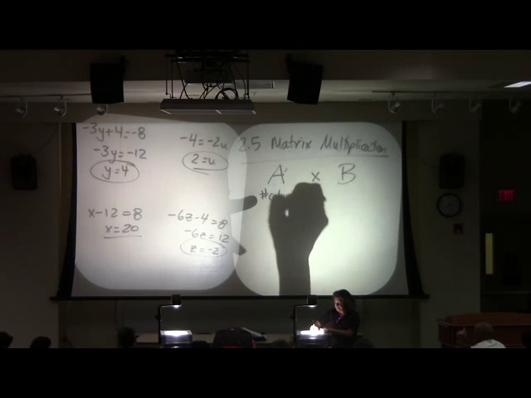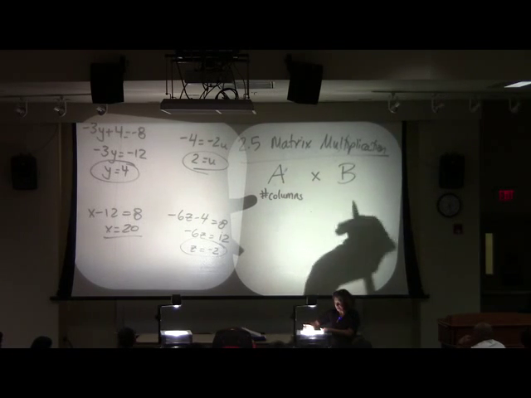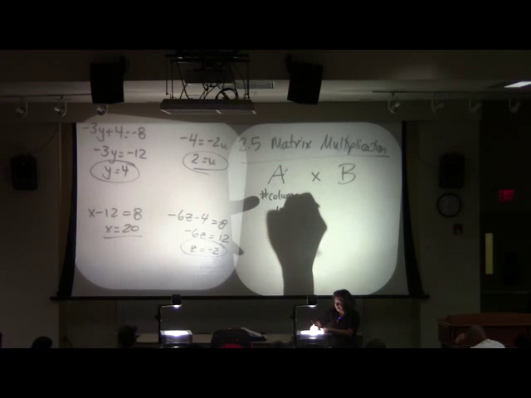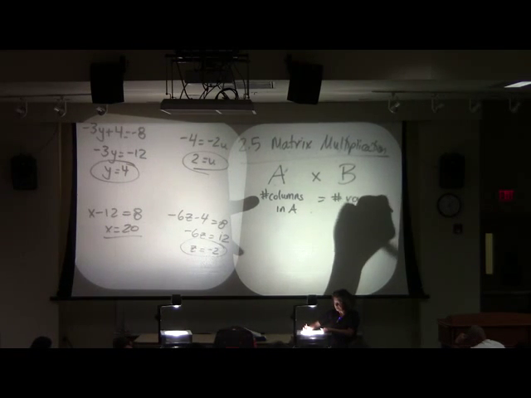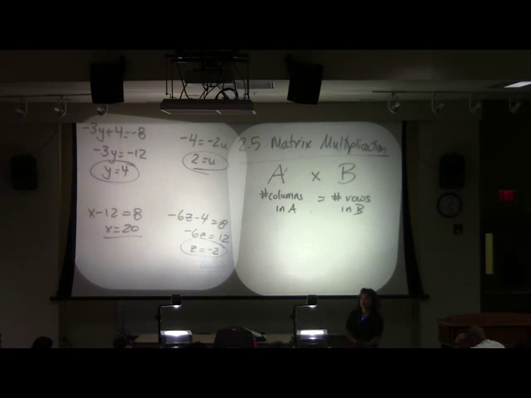I'm going to write it out, and it's going to look a little complicated, but then I'll write it out neater. The number of columns in A must be equal to the number of rows in B.